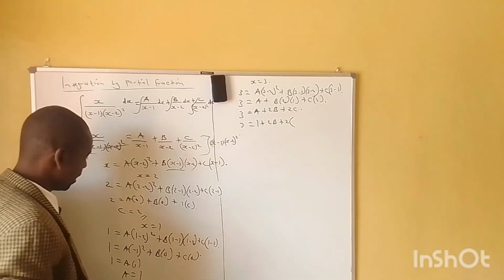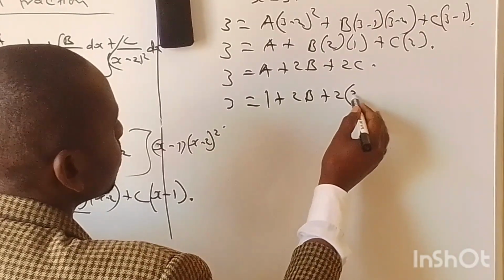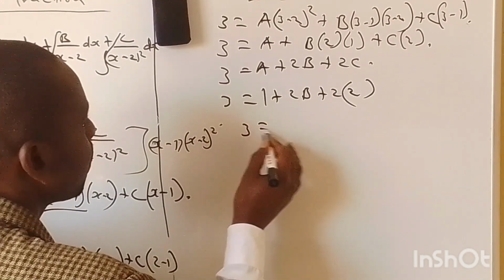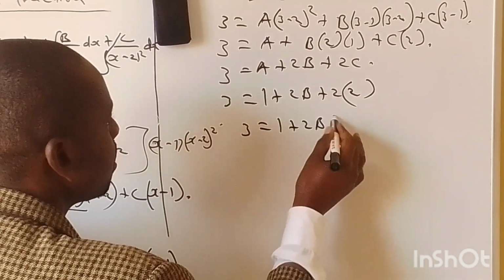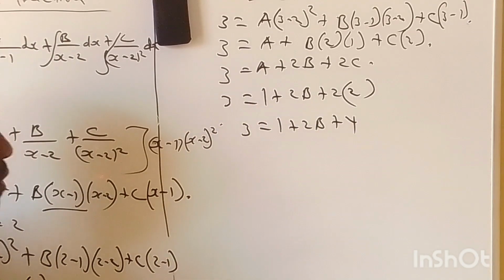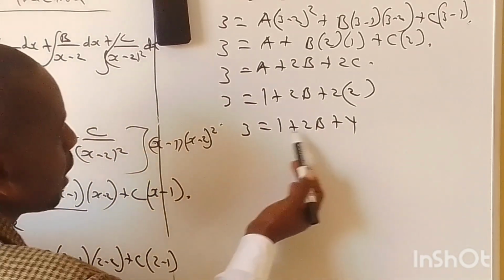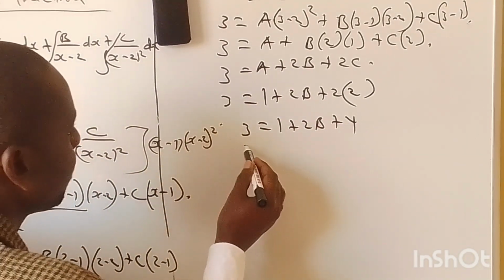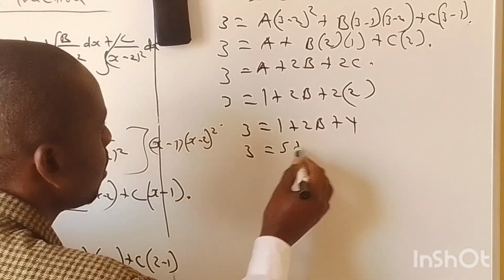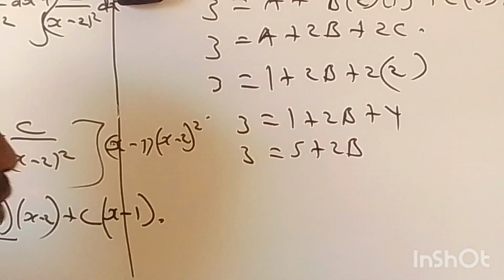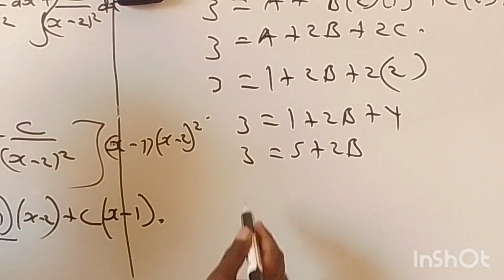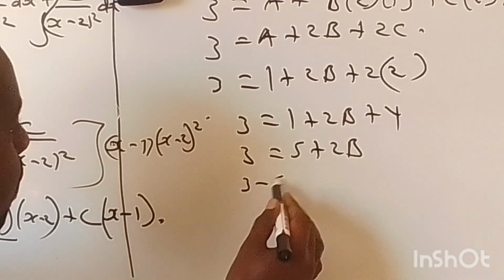So we have 3 is equal to 1 plus 2b that we want, plus 2 multiplied by c, and our c is 2. So that is 3 equals 1 plus 2b plus 4.